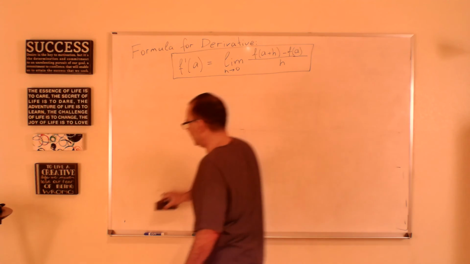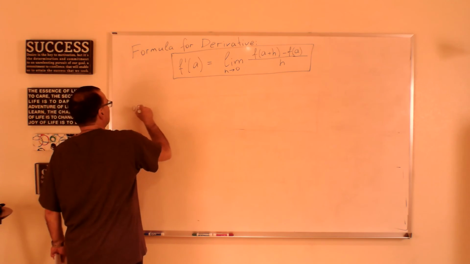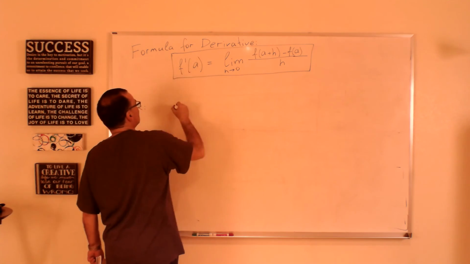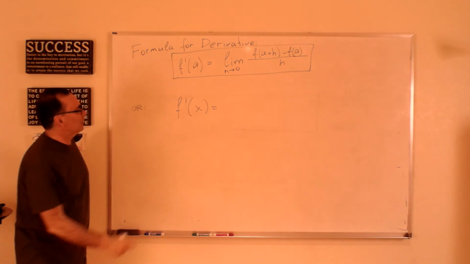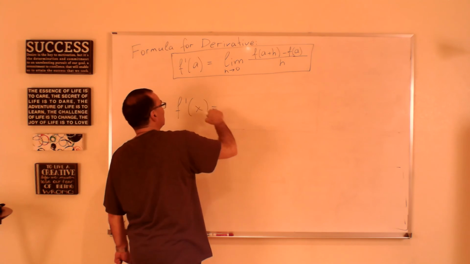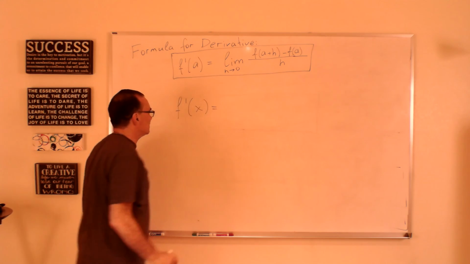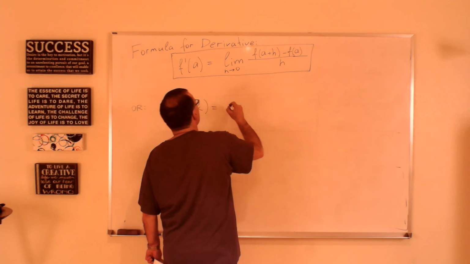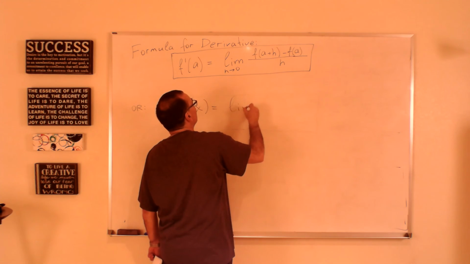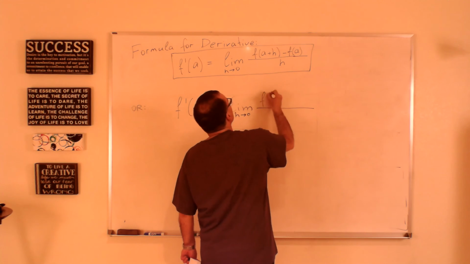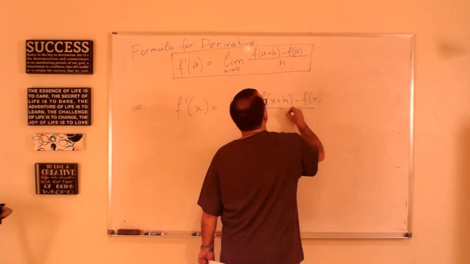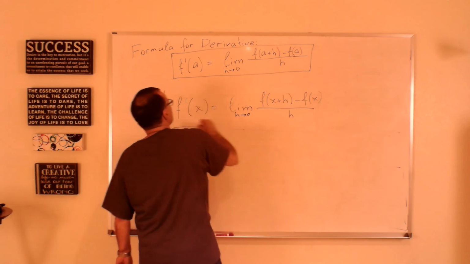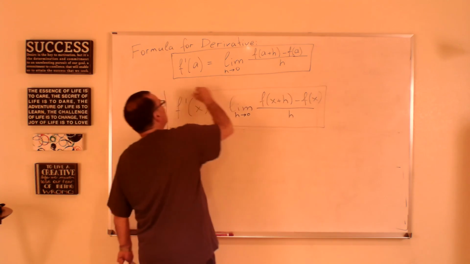So I put the same formula with x. It is almost the same as the previous formula, except instead of a, I put x, to stress that it is actually a variable, it can vary. So limit as h approaches 0 of f of x plus h minus f of x over h. Once again, this is the formula for the derivative.